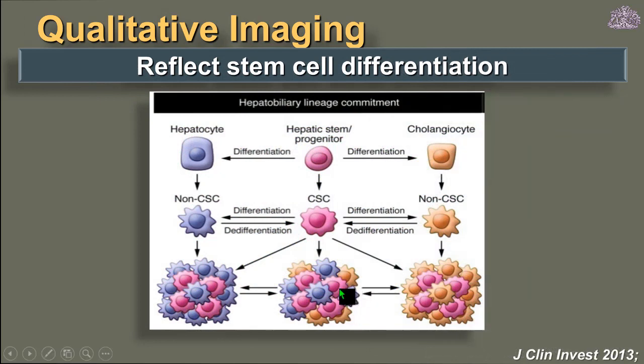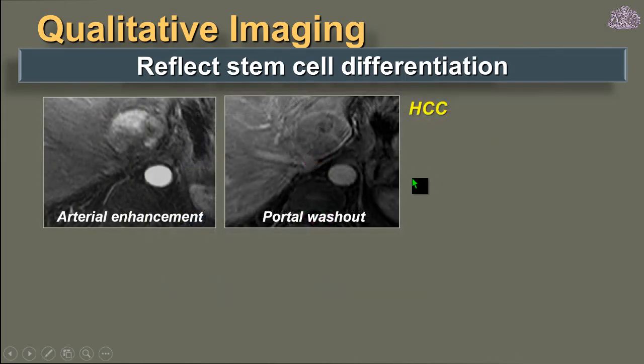The qualitative imaging can also alert us to potential differences in the type of tumor that we're dealing with. So, for example, the hepatic stem cell is able to differentiate into either an HCC or a cholangiocarcinoma. And we know that these two tumors have very different imaging manifestations.